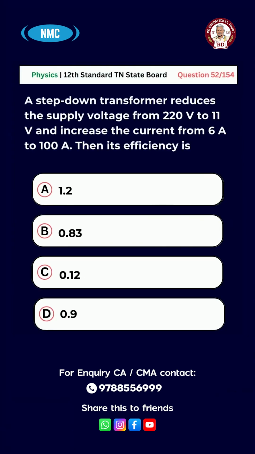A step-down transformer reduces the supply voltage from 220 V to 11 V and increases the current from 6 A to 100 A. Then its efficiency is option A, 1.2, B, 0.83, C, 0.12, D, 0.9. And the right answer is option B, 0.83.